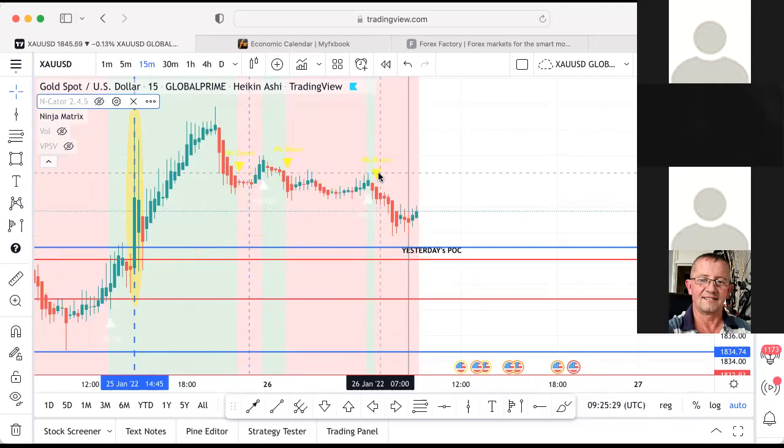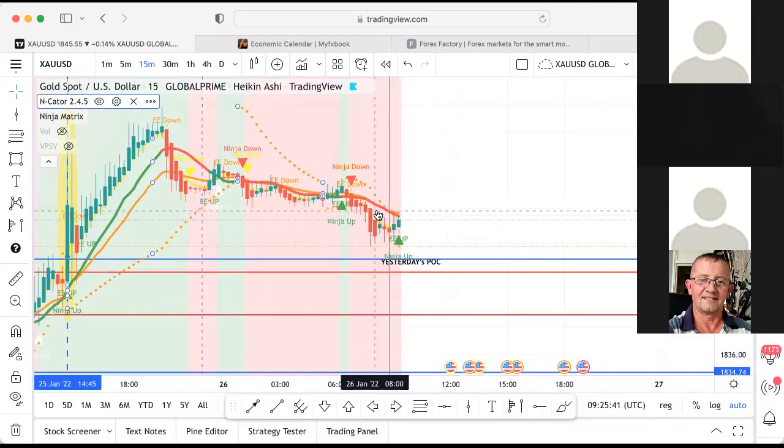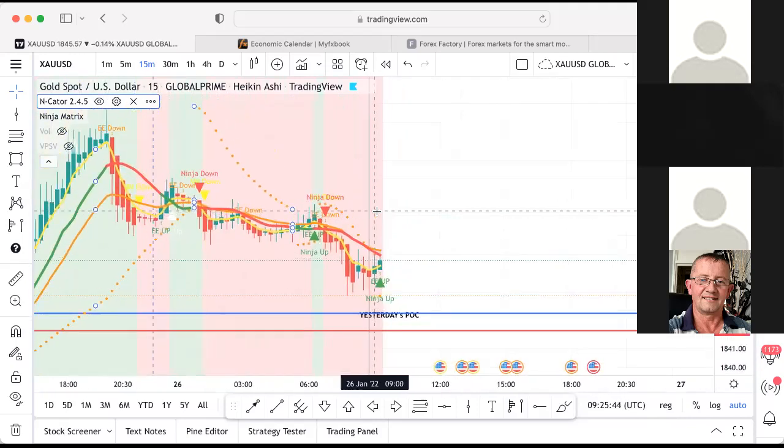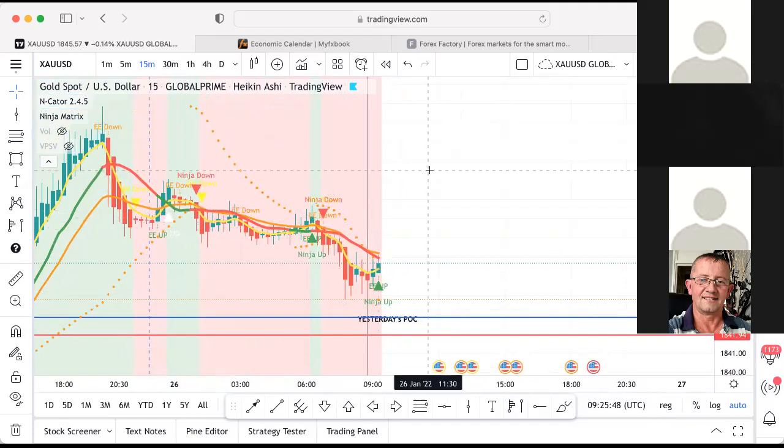There's a ninja matrix down, and there's also a ninja down at that candle there. Now, let's say I entered the trade at that point. I'll just try and make it a bit bigger. So this is just the theory. I'm entering a trade at that point, and I'm expecting price to go down to a particular point.